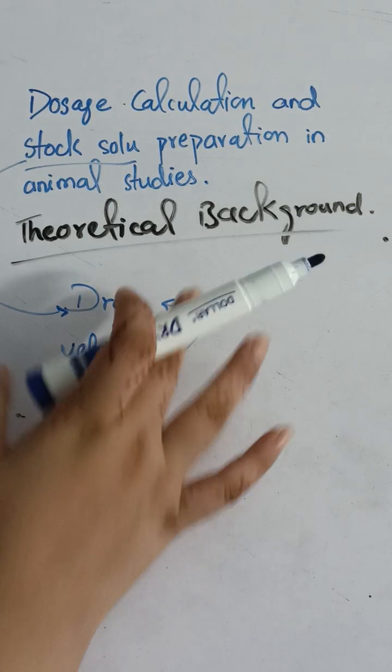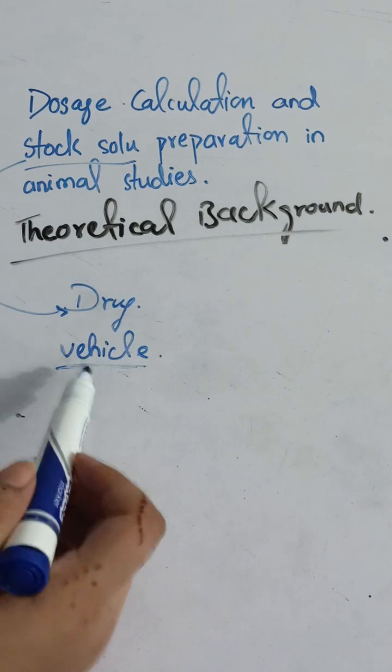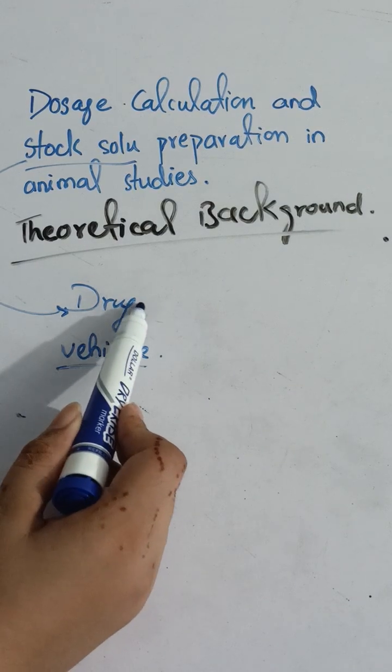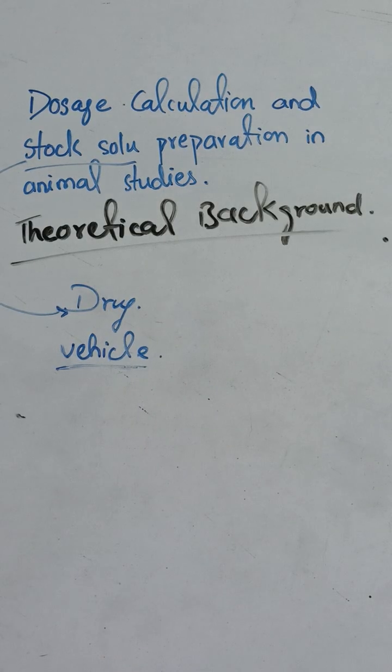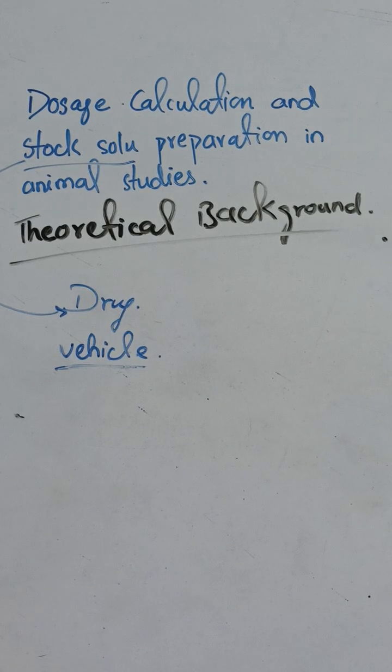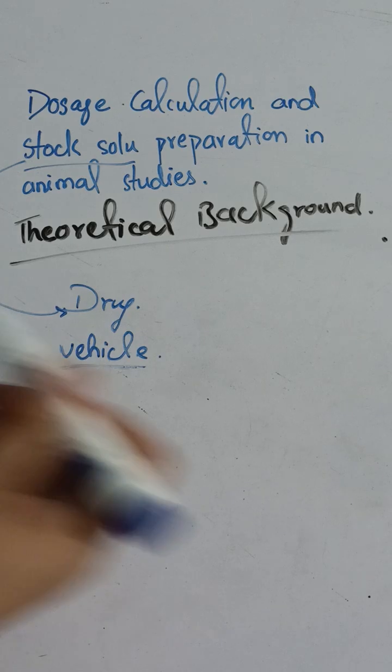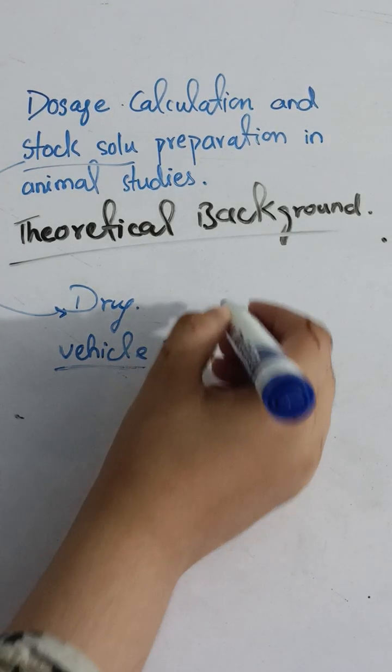One of the most important things is that our drug should be completely soluble in our vehicle. A lot of vehicles are there which we can use, and one of the best examples of a vehicle is water, which is a universal solvent. It is very cheap, and instead of water you can use normal saline solution.